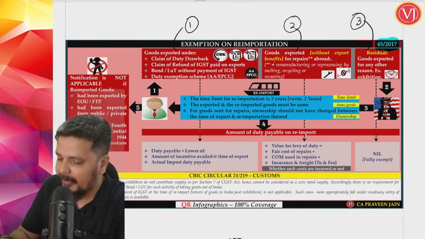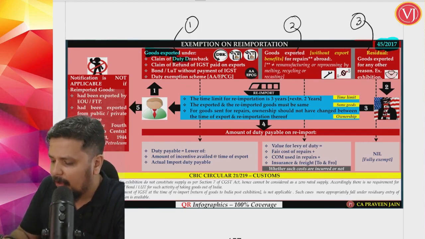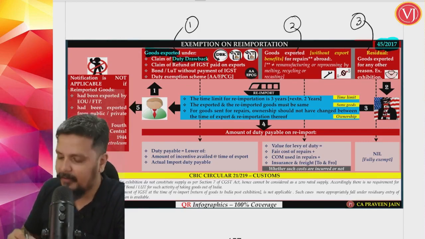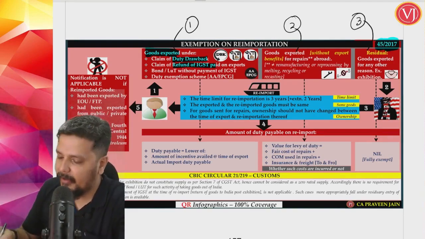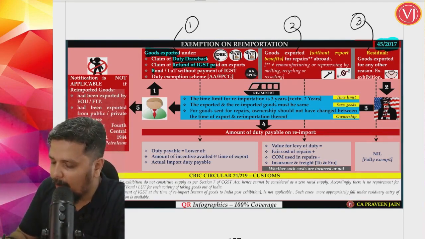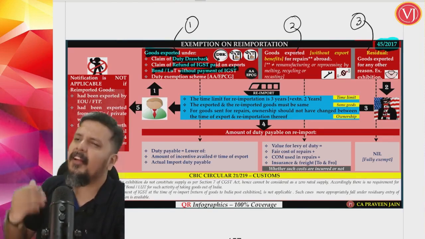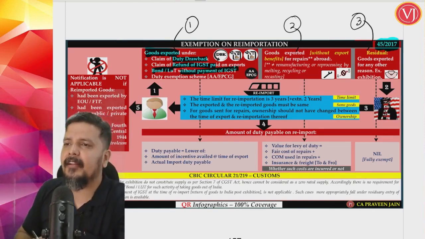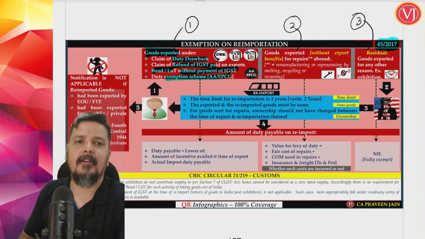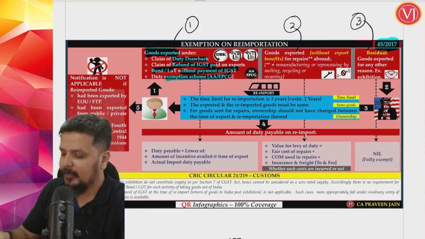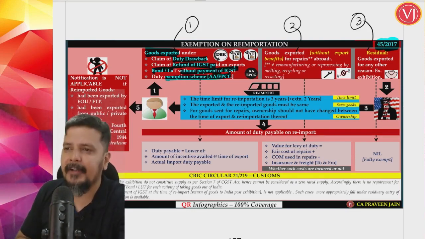You are talking about a case where goods were exported under a claim of duty drawback, which is a provision of customs, or refund of IGST paid on export, which is a provision of GST, or under a bond or LUT without payment of IGST and then claiming the refund of unutilized ITC, which is again a benefit provision in GST, or a duty exemption scheme, which is advance authorization or duty free, or the export promotion capital goods scheme, which is a benefit of foreign trade policy.